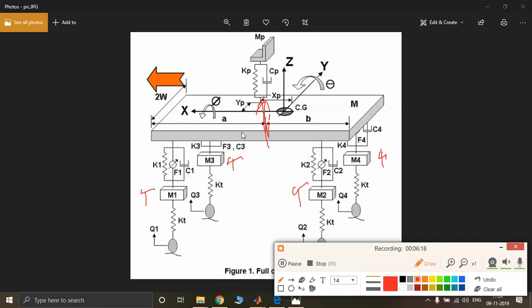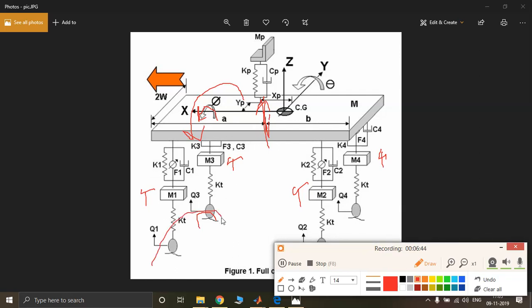Now there are two more motions. This is the rolling motion that I talked about in the second part of the half car model. This rolling motion is due to the car going only over a bump on the right side, so it will tilt like this. This will be the sixth, and the seventh will be the pitching.